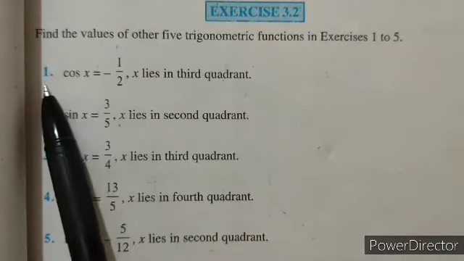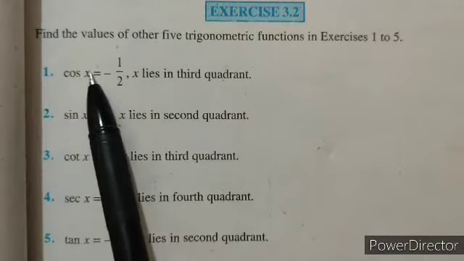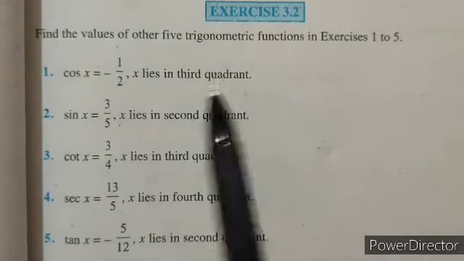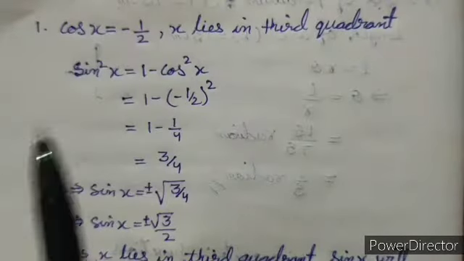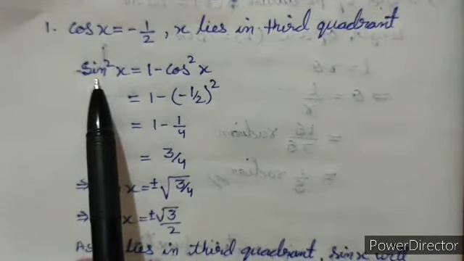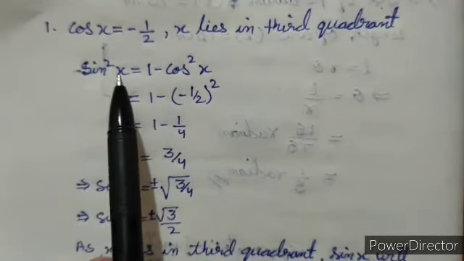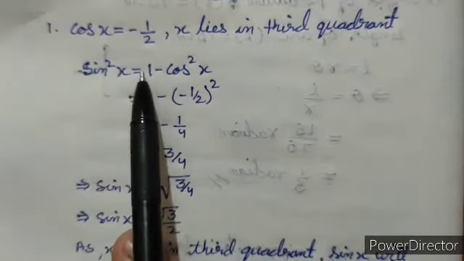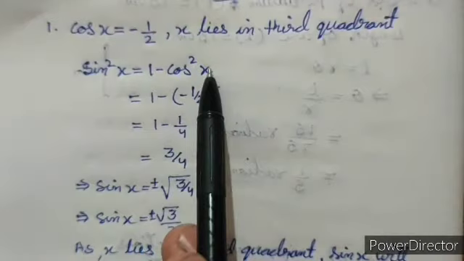Now in first question, cos x is equal to minus 1 by 2 and x lies in the third quadrant. Now in class 10th, we have studied identity that sin square x plus cos square x is equal to 1. So we can say that sin square x will be equal to 1 minus cos square x.